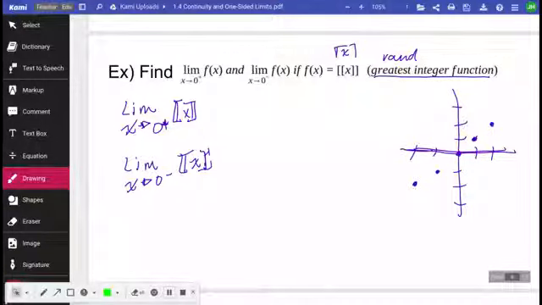But then anything from here to here is going to round up, okay? So if I'm doing it this way, then at 0, it's going to be going up to 1, or rounding.